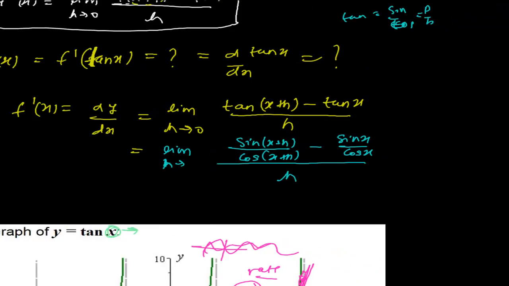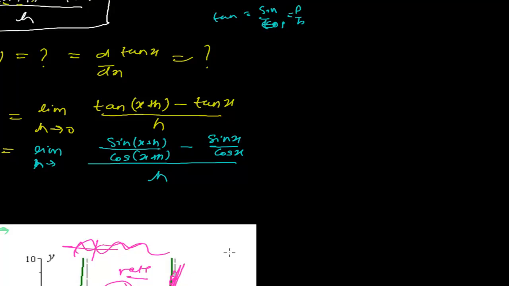Now how to do this, let me show you something. In small classes, if there was 2 by 3 minus, suppose, 1 by 4, what we used to do was take the LCM of 3 and 4, which is 12.